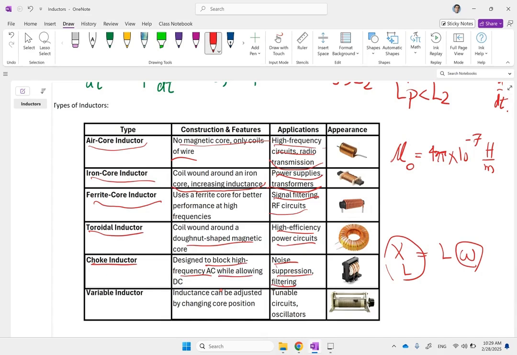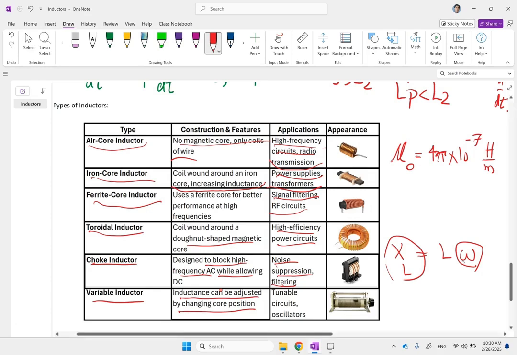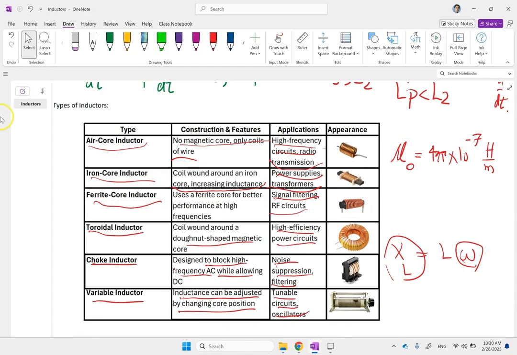And then we have the ones that are variable. Their inductance values can change, because you can change the number of wires in the length. And it's not just by frequency, so you use them in oscillators or circuits that are tunable. So you can change their L values.